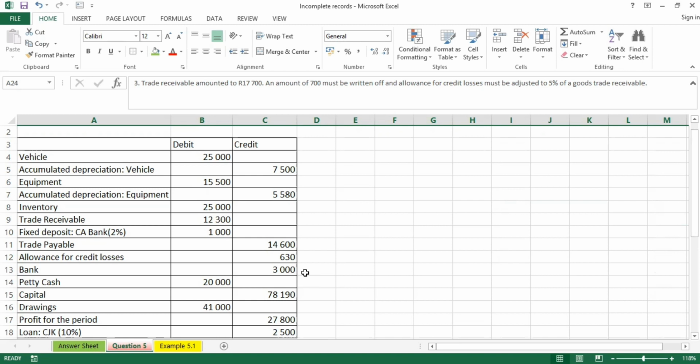Once we look at our trial balance and find an amount on the credit side for bank, that amount is an overdraft. And then we have also our petty cash.